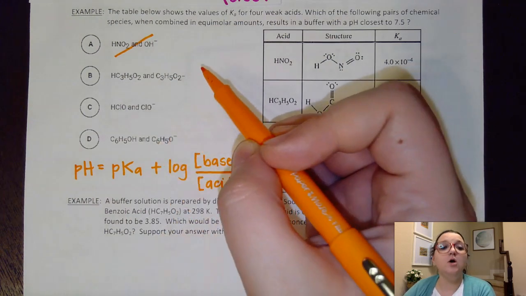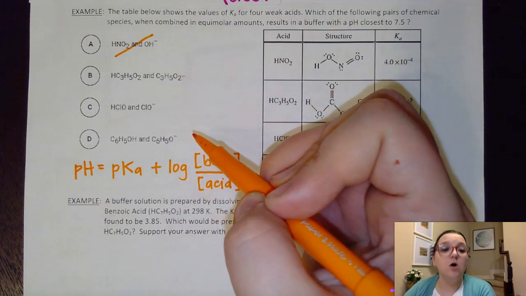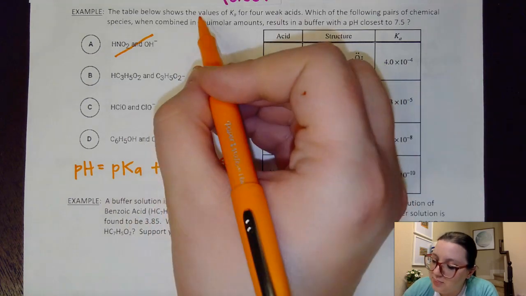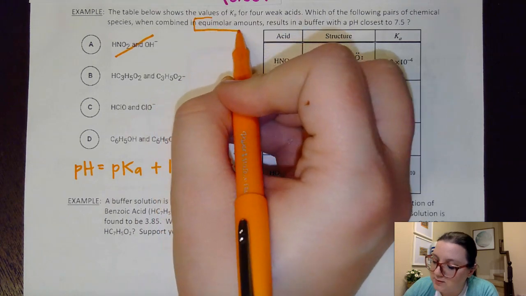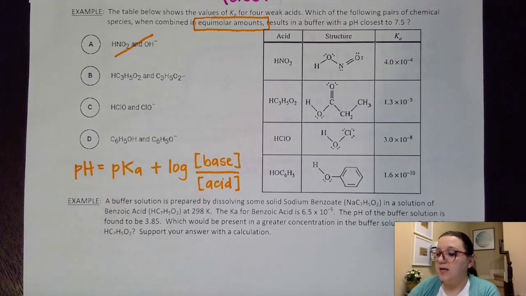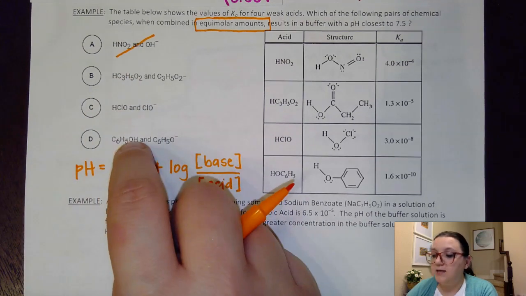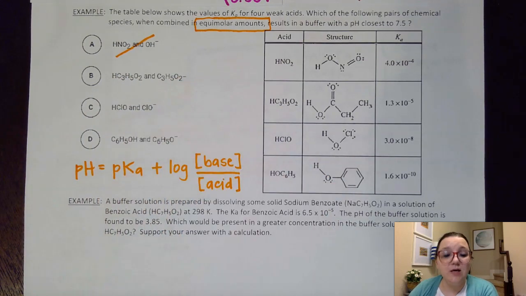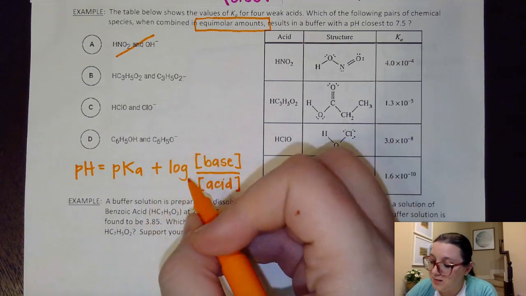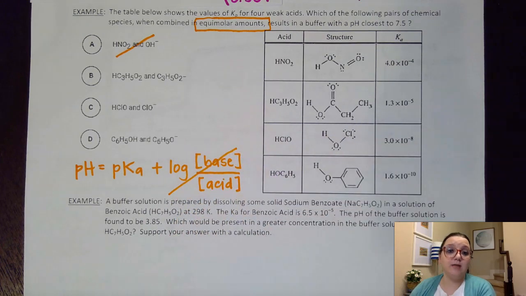Now, all the rest of these, we do have weak acids with their conjugate present. So now, I need to think about this equimolar amounts statement. What that statement indicates is that each of these would have equal number of moles. Now, we just talked about if both the acid and its conjugate base have equal moles, then this term right here ends up being 0 and cancels out.